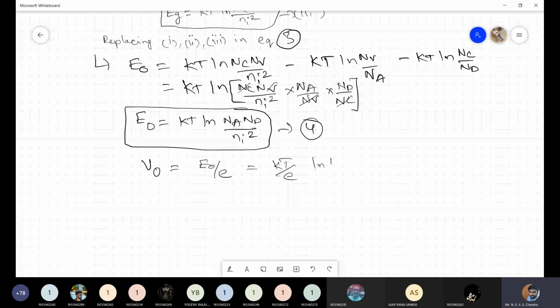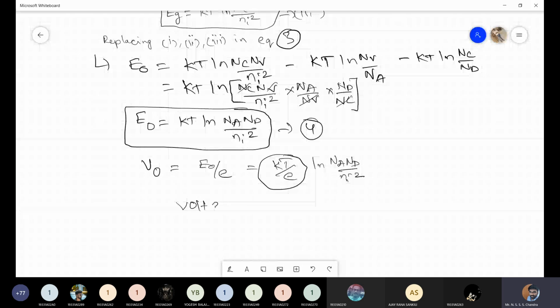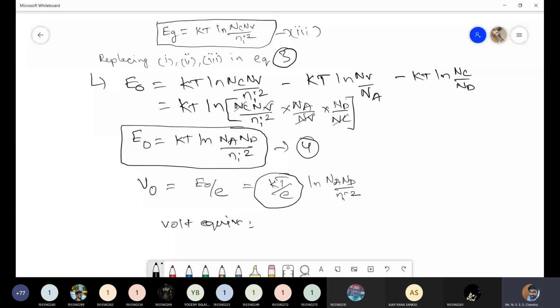Now this term kT by e is known as the volt equivalent of temperature.